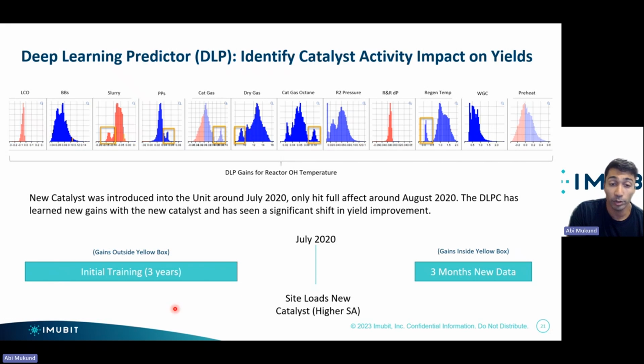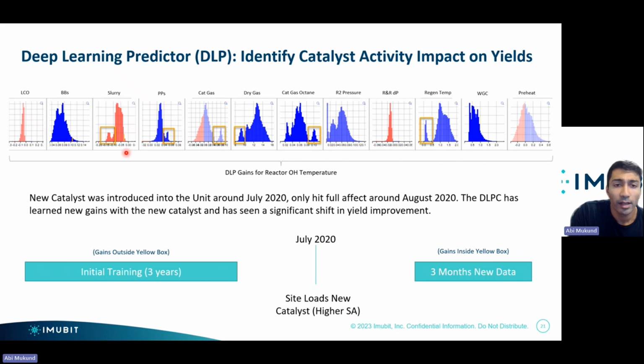Okay, so I'll start at the bottom here. This model was originally trained by giving it 3 years of plant data. Then we wanted to add new data based on recent plant performance, so there was a window, a gap, in our data set, and then we added 3 more months of data. When we looked at the gain distributions that the model had learned, we saw something very interesting.